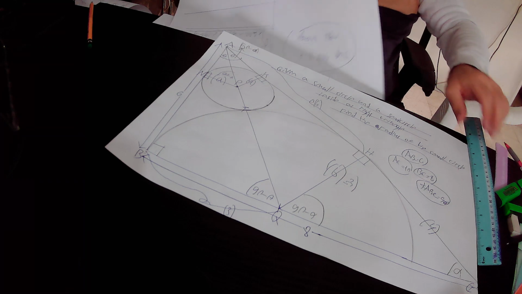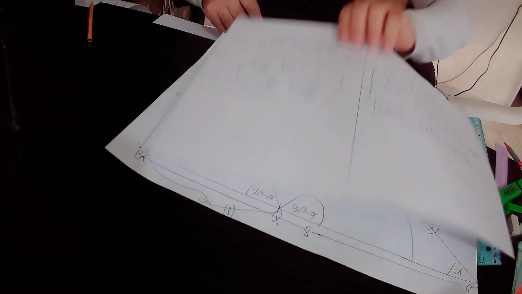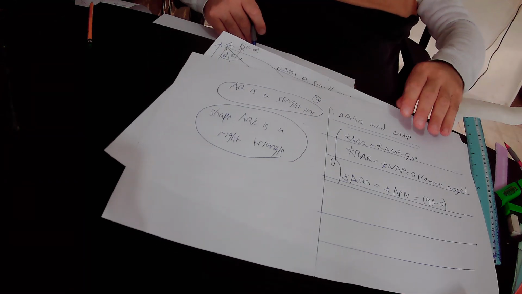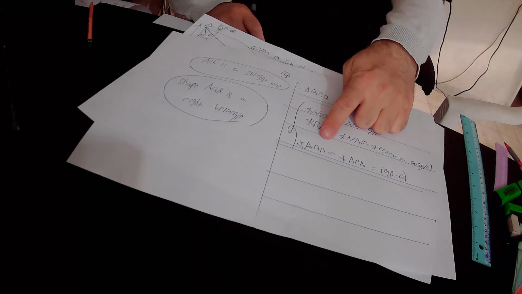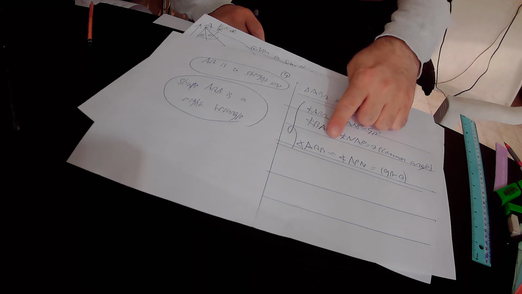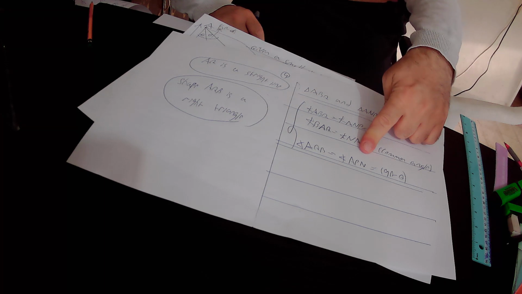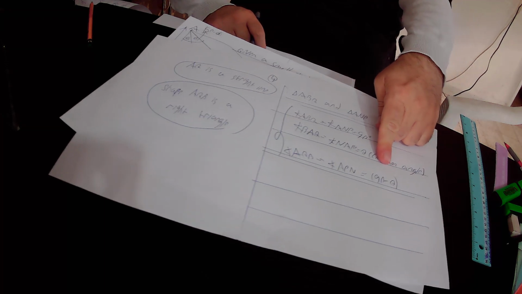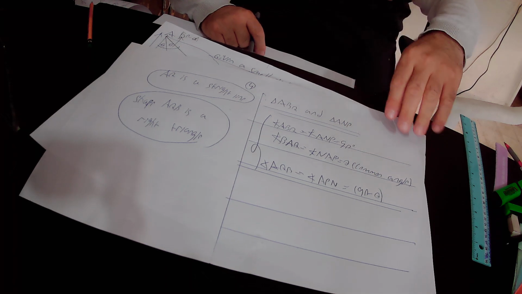Repeat again. Angle AQB in the big right triangle ABQ equals angle APN in the right small triangle ANP. They are both equal to 90 degrees minus theta, therefore they are equal to each other.